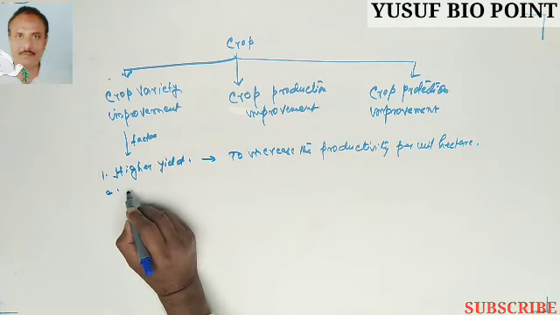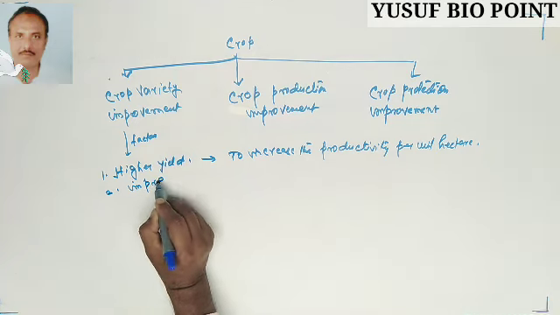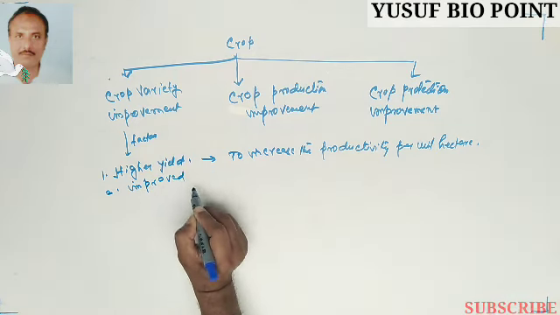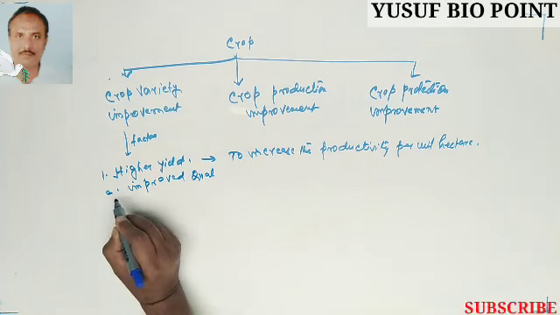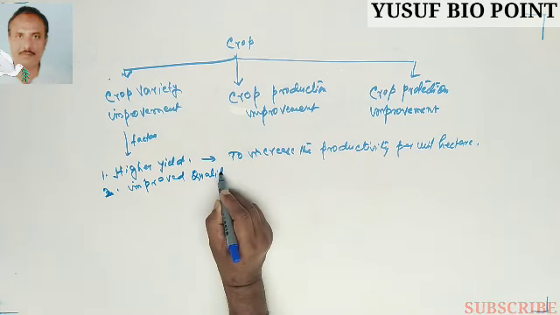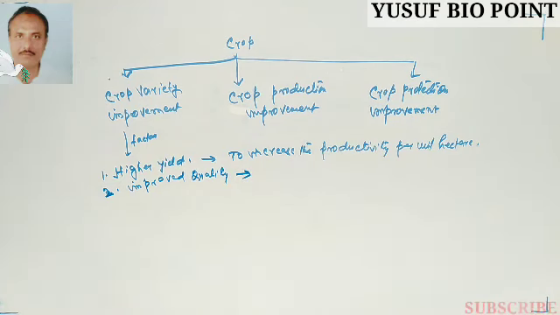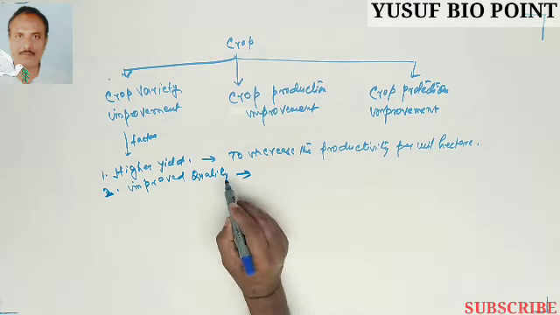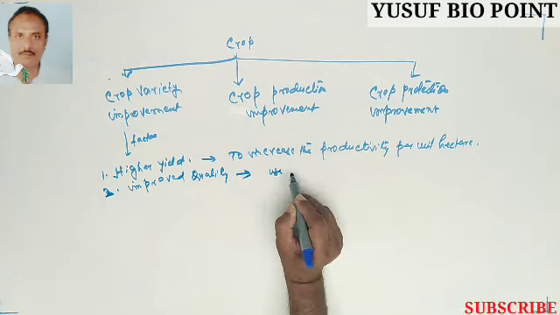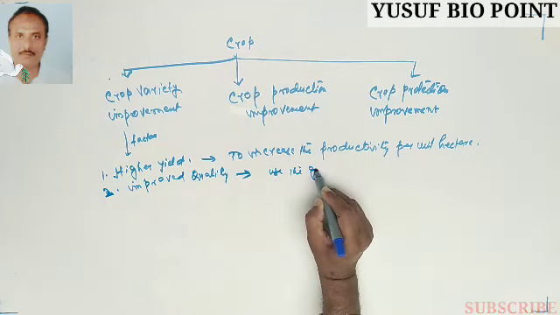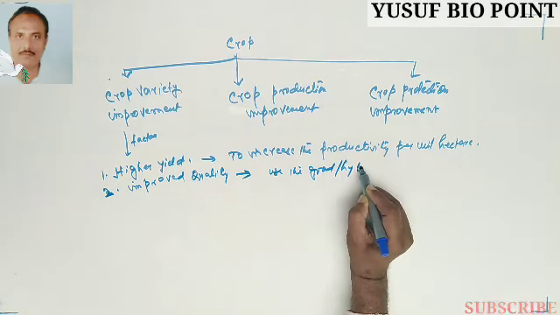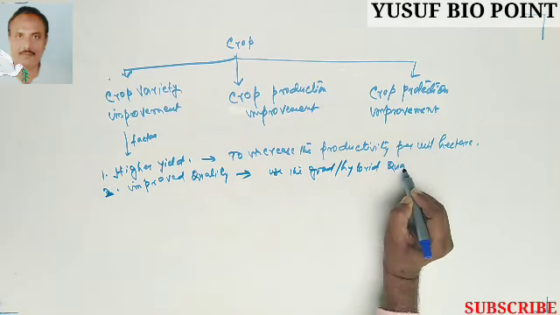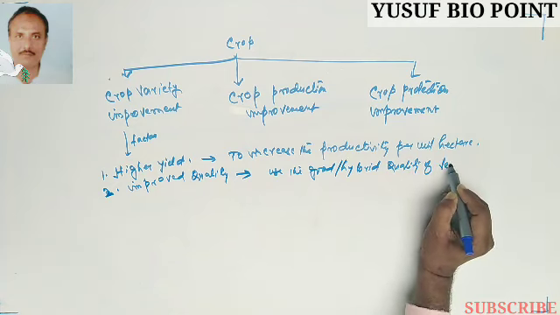Second, improved quality. For that we should not use the local seeds but we should use improved quality, and usually hybrids are more useful in that way. So we should use the good and hybrid quality of seeds.